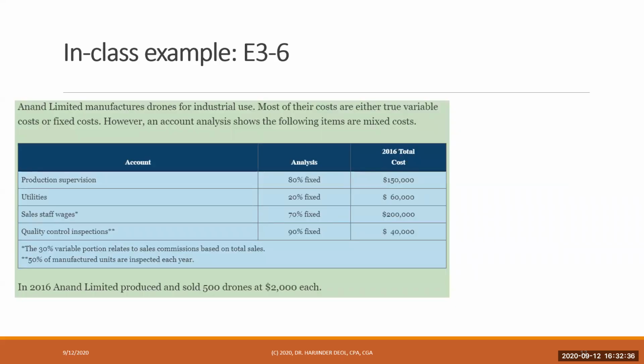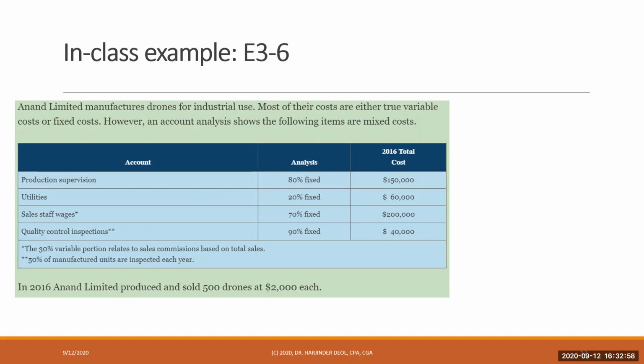Here's an example of the use of the account analysis approach. This company, Anand Limited, is a maker of industrial use drones. And the account analysis shows that a few items are mixed costs.